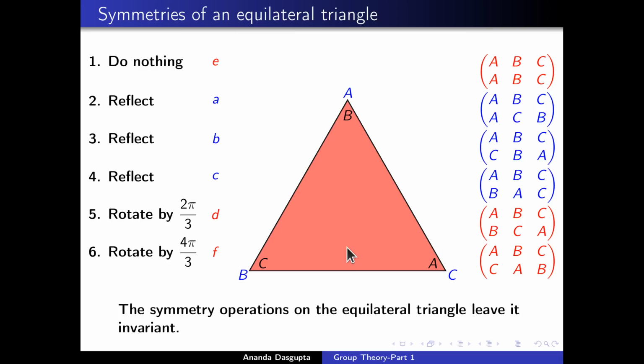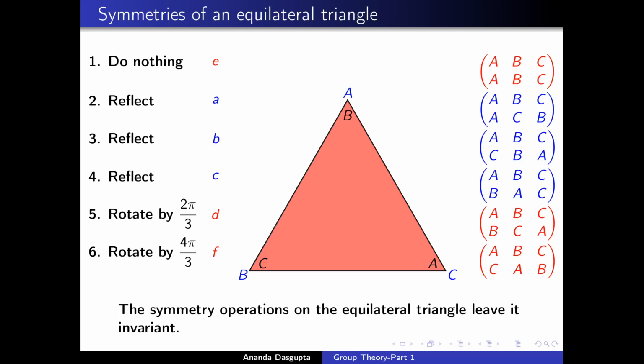So we are only keeping ourselves to those symmetries which keep the thing entirely in a plane. Now, as you can see, these are 6 operations, and corresponding to each of the operations, there is a permutation of the vertices. Now, this is not an accident, as we will see later, that there is a deep connection between any group and the group of permutations. But for the time being, let's come back to these symmetries.